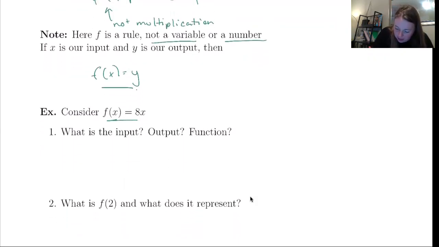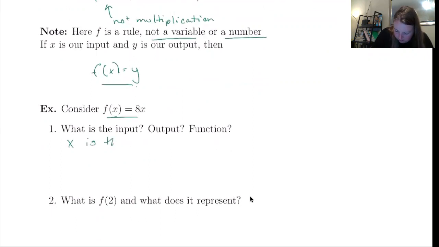So I can see that x is my input, or okay, it's not just my input, it's the input. The output, or the outcome of applying f onto x, is that I will get 8 times that. So 8x is the output. And then our function is f. So f is the function.